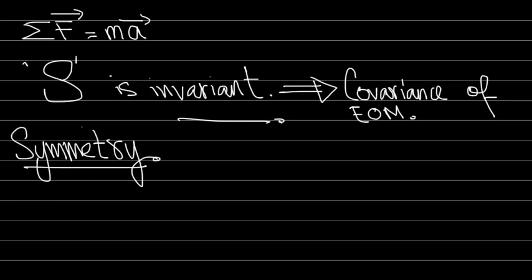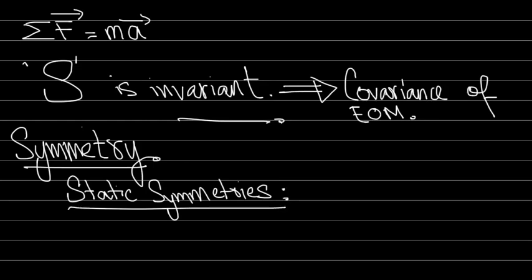Now, your very first exposure to symmetry was probably of the static type, right? The static symmetry. I'm pretty sure that's how you were introduced to symmetries. Static symmetries are, for example, you have a triangle, right?